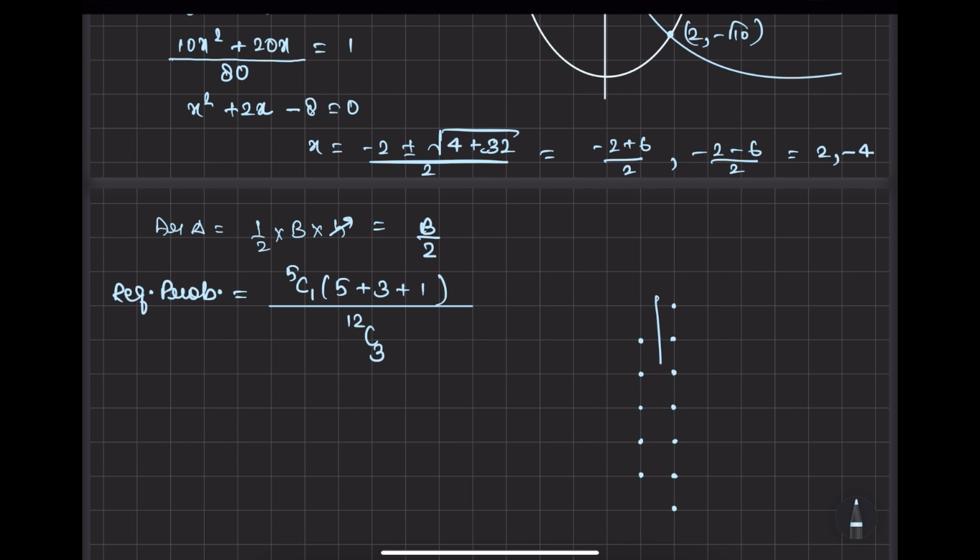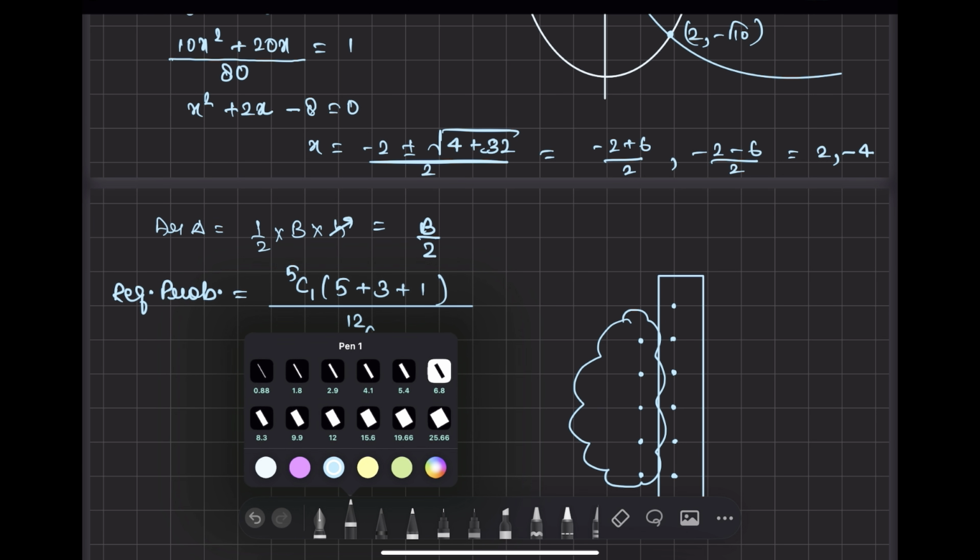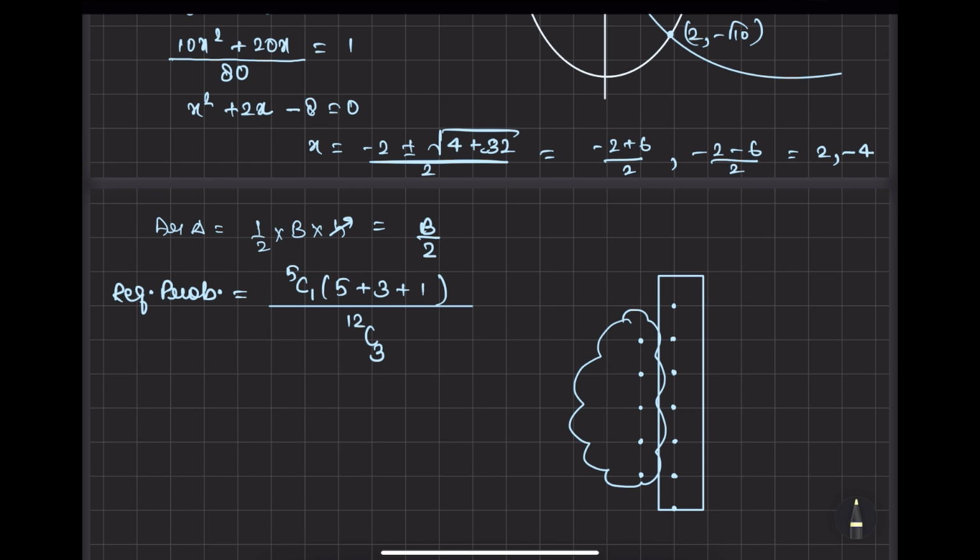Now look at this. Now what I will do, I will select 1 point from this side and 2 points from this side, and then let's see what happens next. Okay, so we have to select 1 point from that side, so there are 7 points, out of which we have to select 1, so 7C1. Now I will go with base 2.